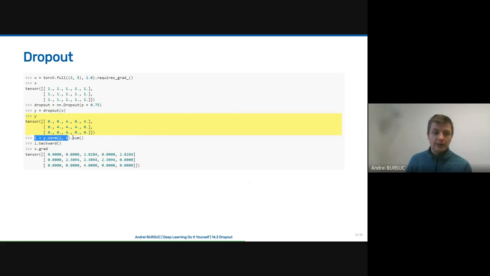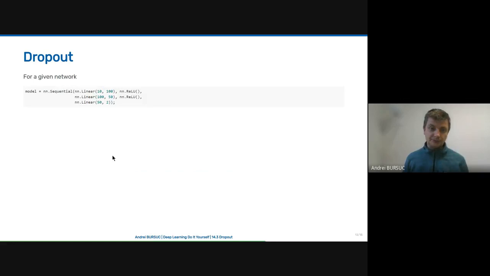If we simulate a loss and do a backward, we can see that the gradient comes only via the activations that have been kept. On the 0 ones we have no gradient passing, so the neuron behind it is completely out of the loop for this forward and backward cycle.